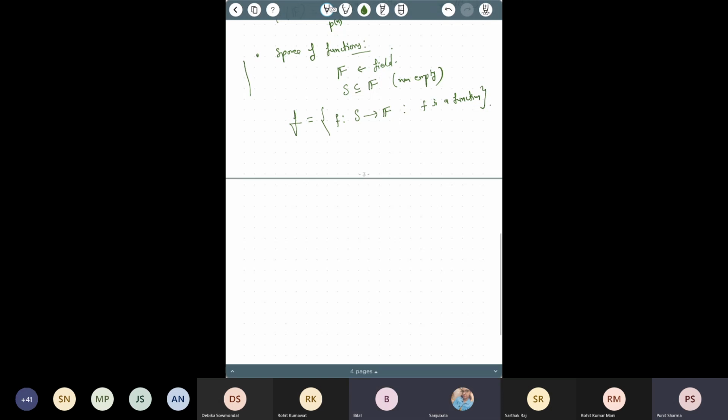So you are saying that under composition it won't be, but then you have to give an argument why it won't be. Sir, composition may not be commutative. Yes, so it may not be commutative. Therefore, under the composition and scalar multiplication, this doesn't form a vector space because the composition is not commutative in general.